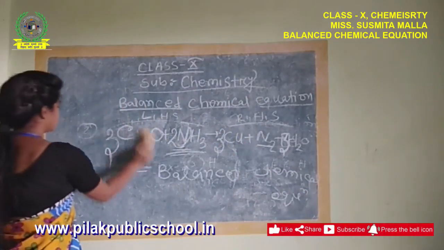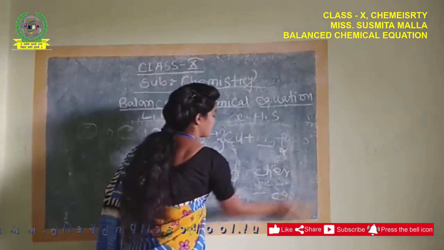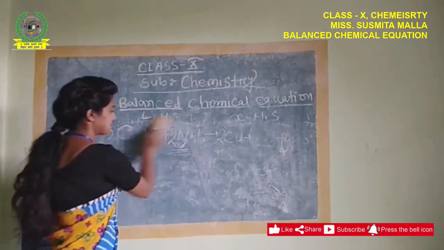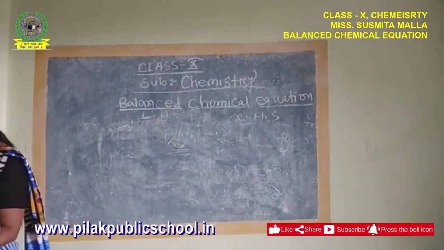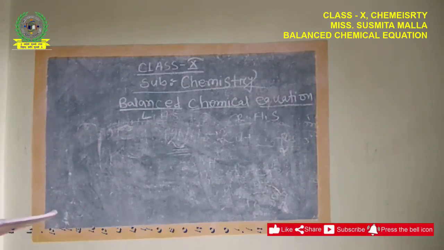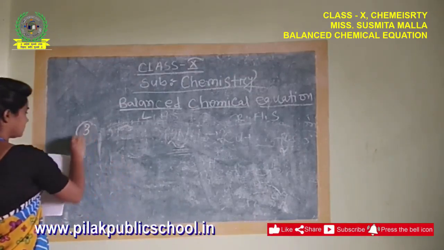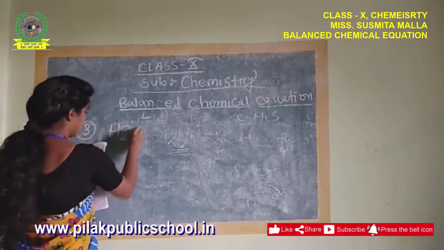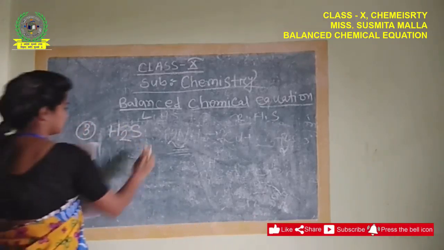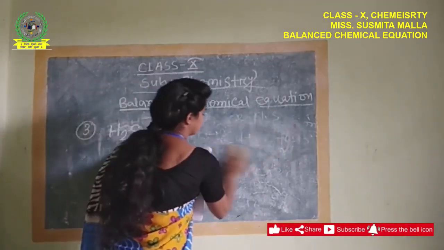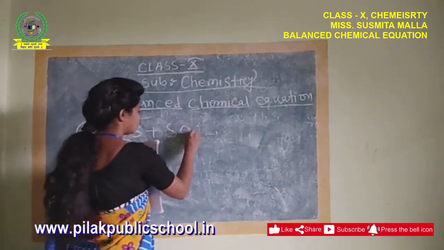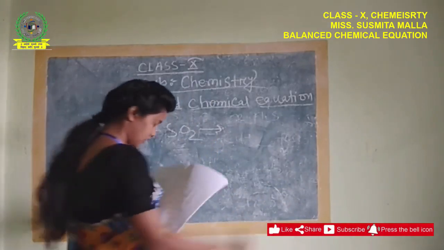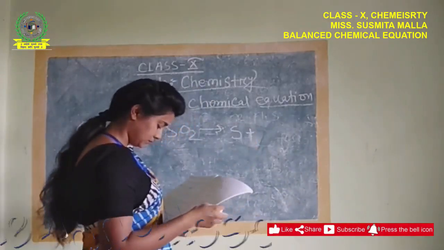Let us see another example. Example number 3 is H2S plus SO2 gives sulfur plus H2O.